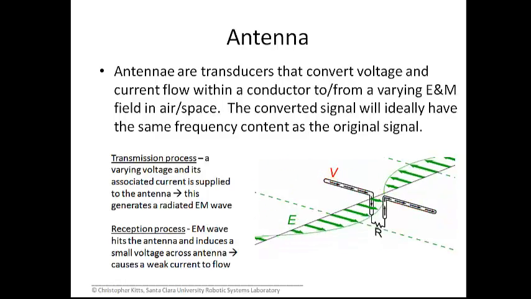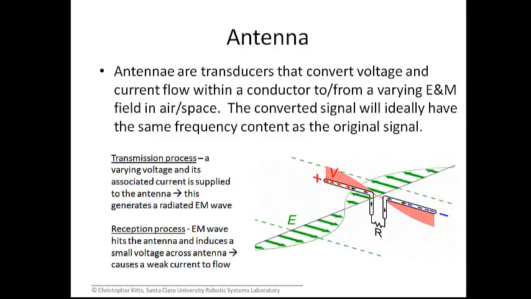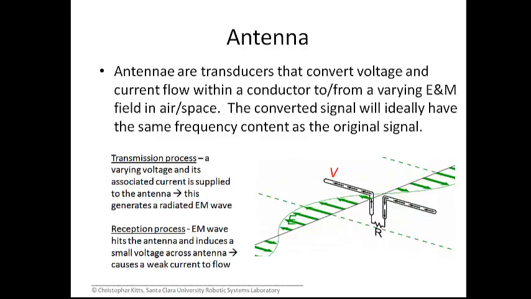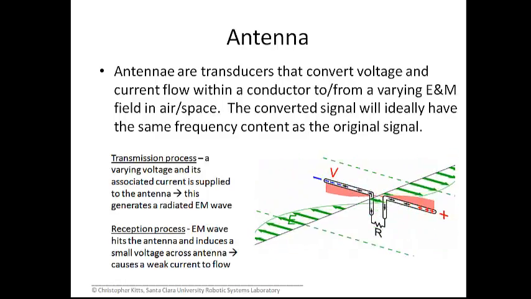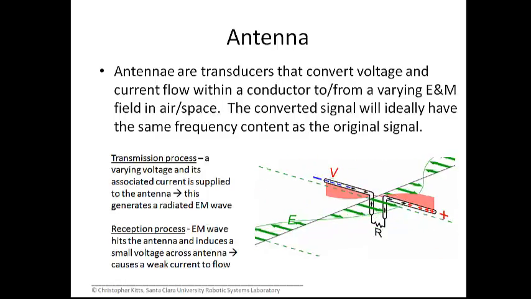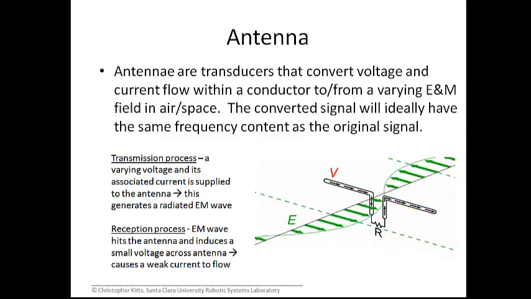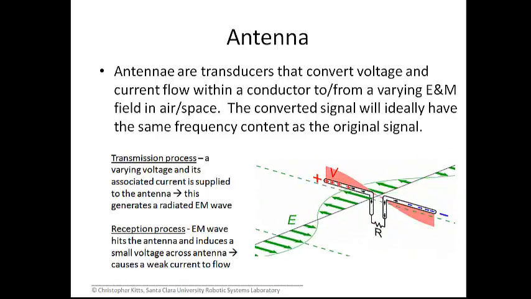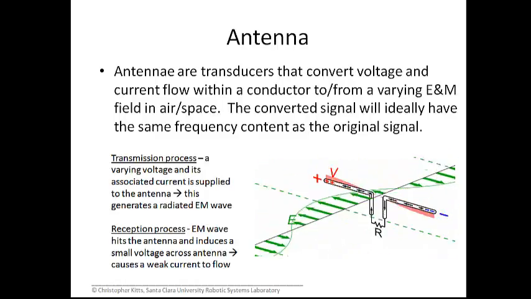And an antenna does exactly that. An antenna converts a voltage and current in a conductor to a time-varying electromagnetic wave that travels through air or space, and it can also go the other direction.